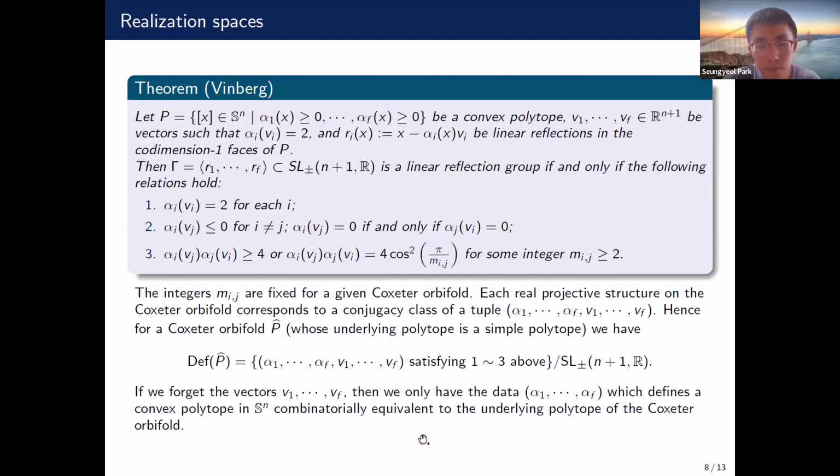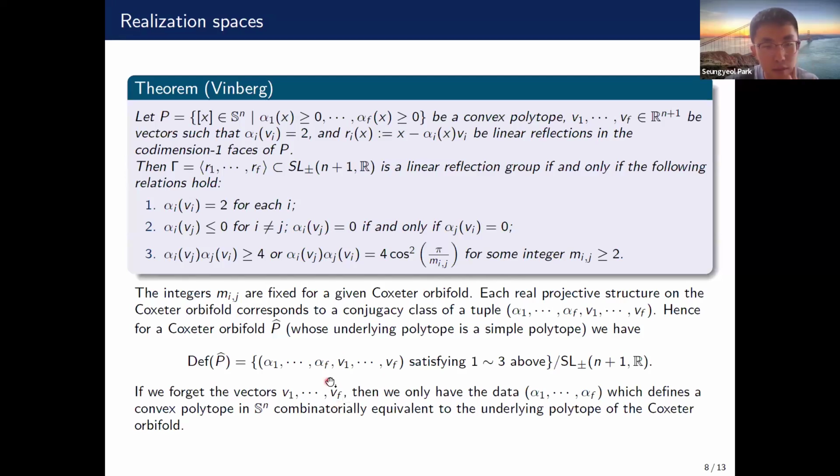My strategy to compute this deformation space is to partition this space into equivalence classes. Each equivalence class shares the same fundamental domain of the holonomy representation, so to speak.